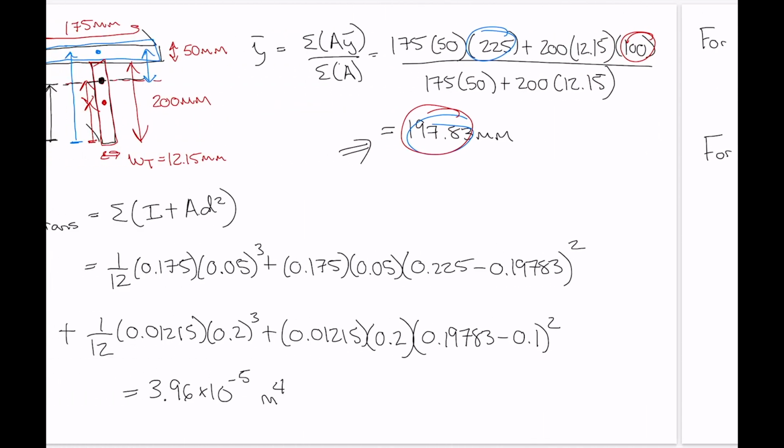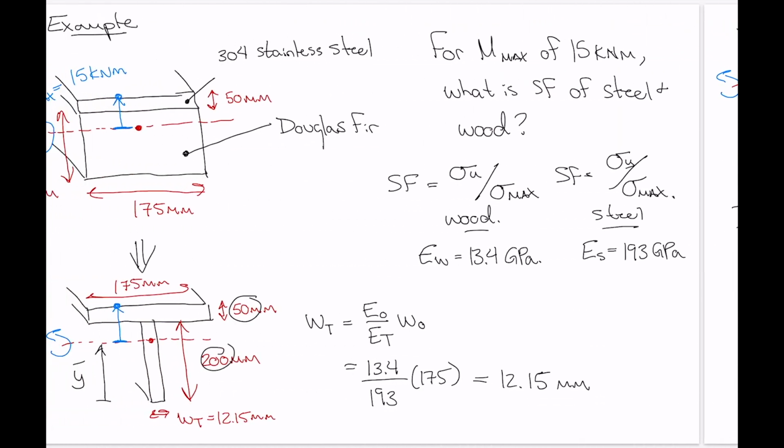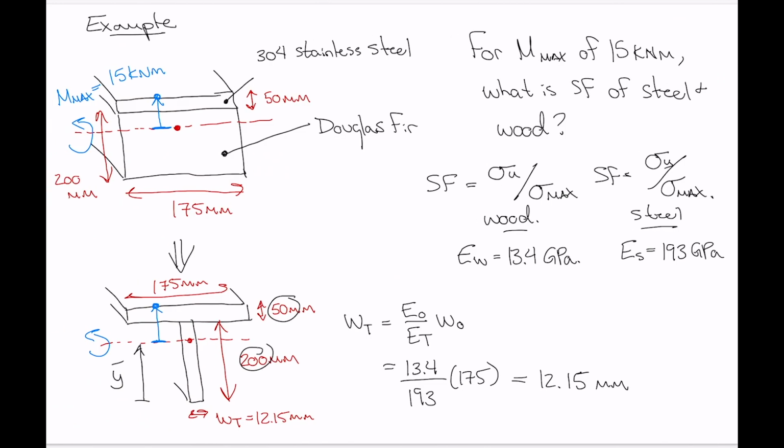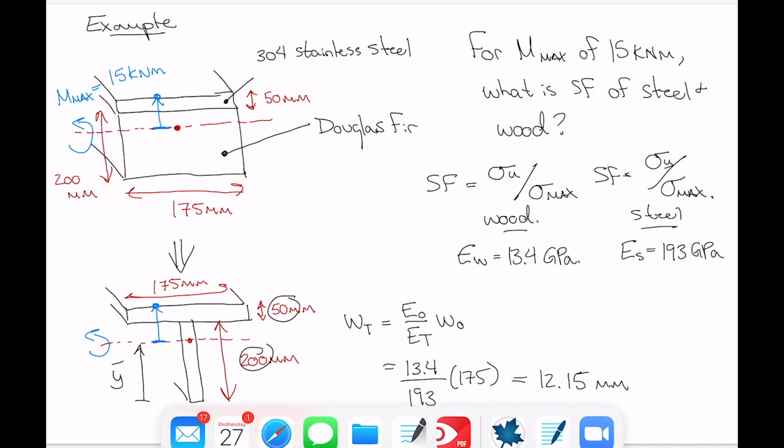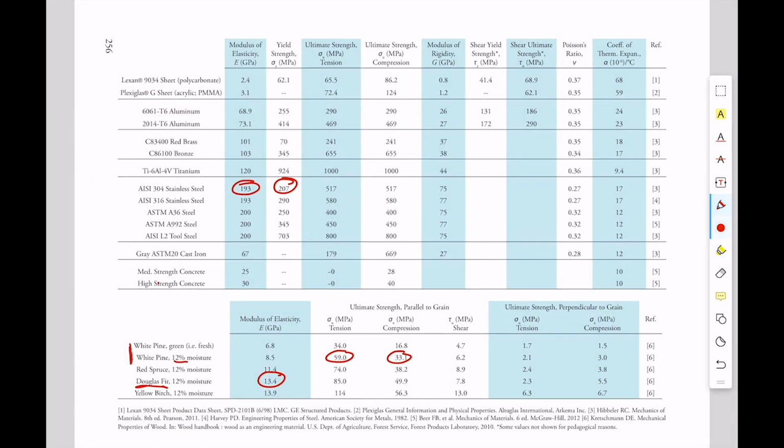Okay. For the wood, the situation's a little bit more complicated, and it just requires a little bit of extra thought, because if we look at the material property table, there are those differences in strength between the tensile strength and the compressive strength of the wood.